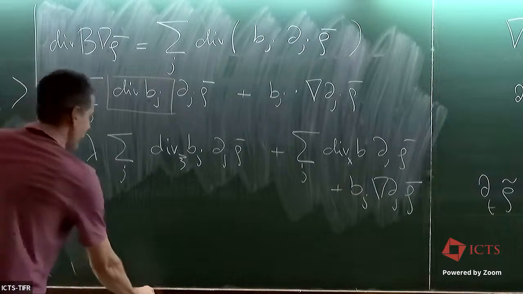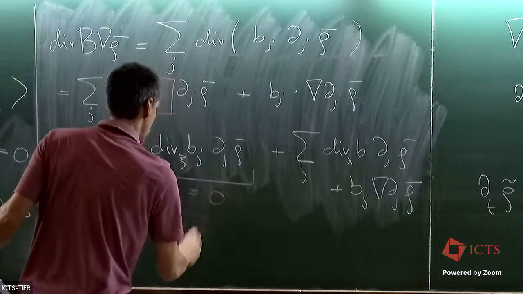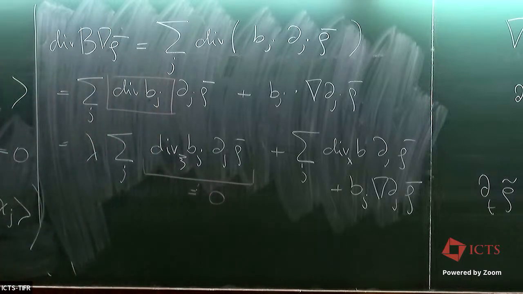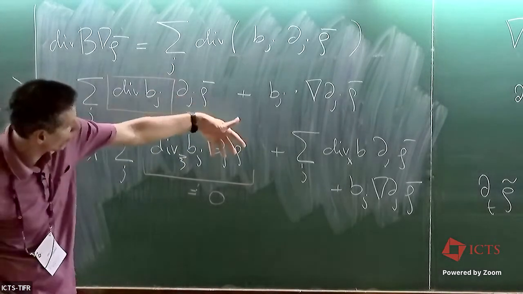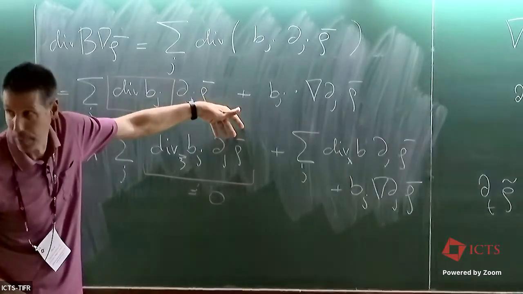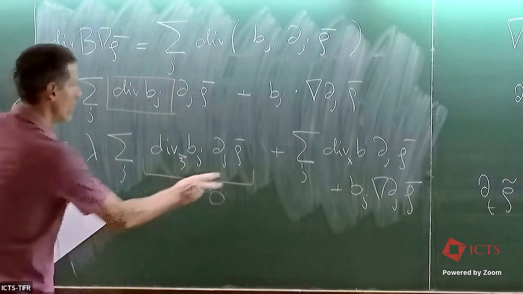Okay, so as I said, what I want is this to be 0. I can't use the fact that there is a sum and I can't use this. It's just a scalar number, depending on x. So this has to be 0.